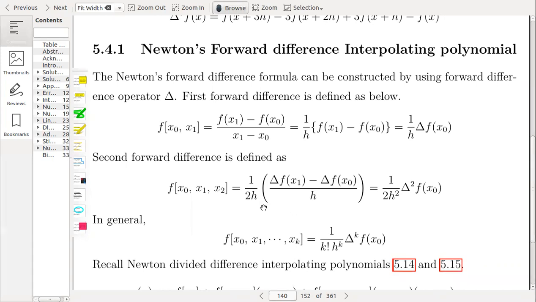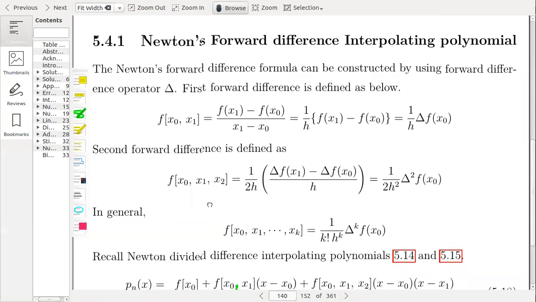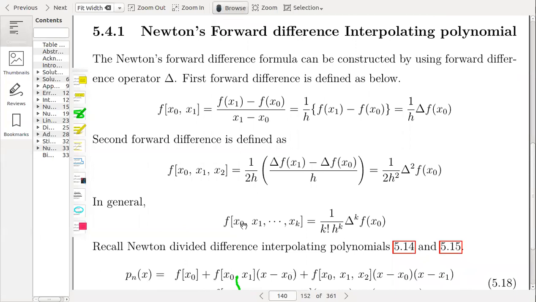This h will be multiplied by the h outside of the brackets, and we will have this h square. So 1 over 2h square into delta square f of x naught. In general, we can write this f of x naught, x1, so on xk, is equal to the formula in the kth form, that is 1 over k factorial h to the power k, delta to the power k f of x naught.